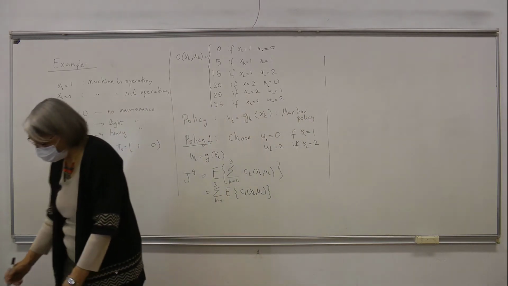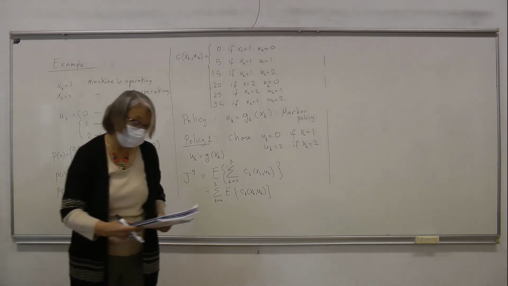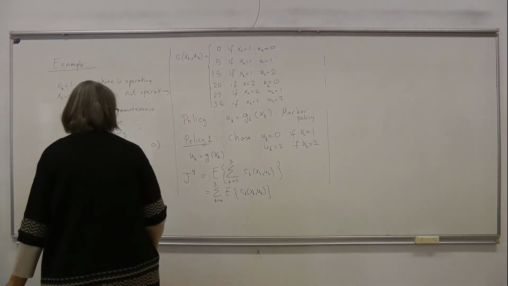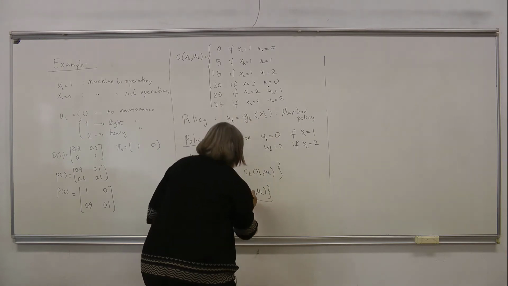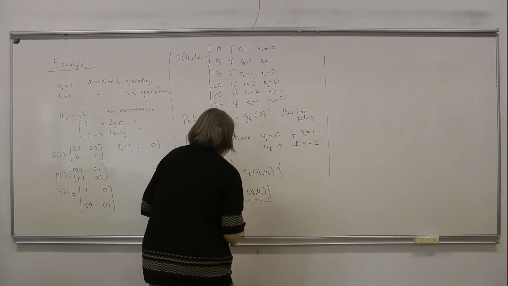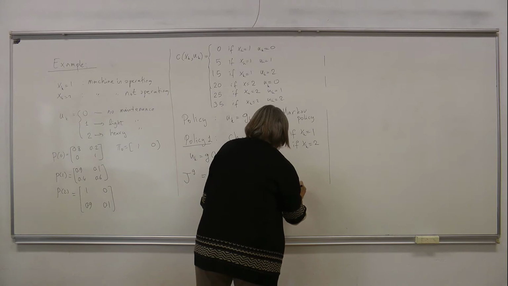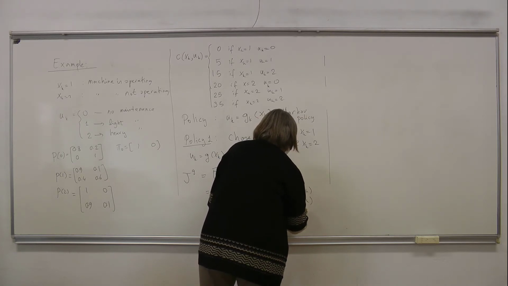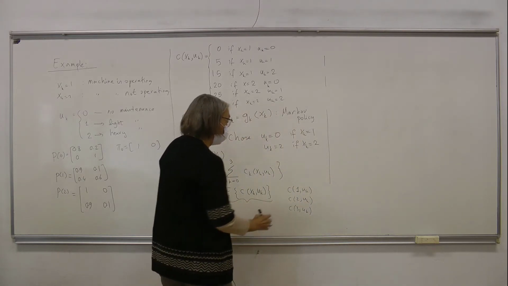And therefore, we will do exactly the same thing, but however, we will do it in a slightly different way. We have to calculate those expected values. In other words, I will find out, first of all, C of 1 and uk, C of 2 and uk, C of 3 and uk, okay? And then multiply it with the corresponding probabilities.